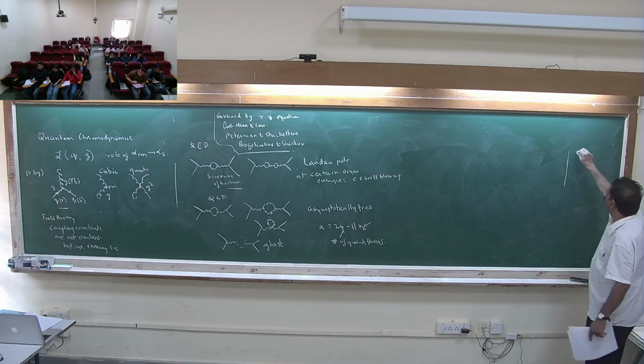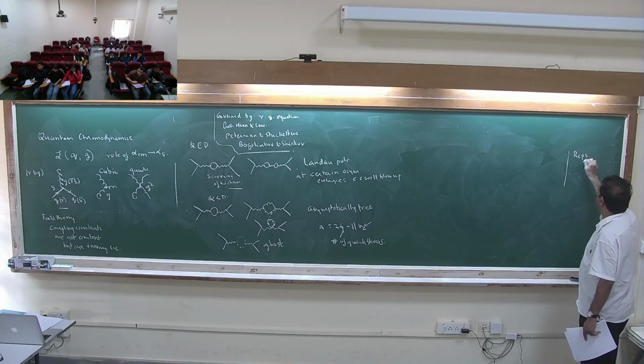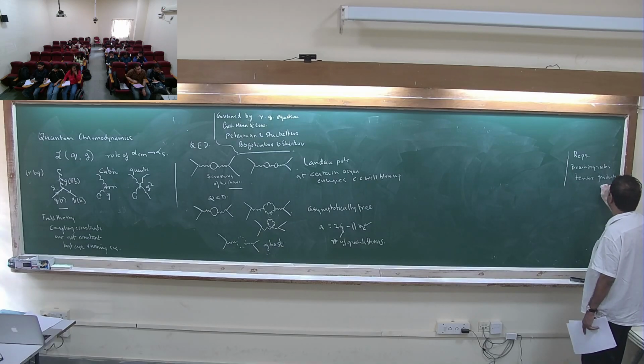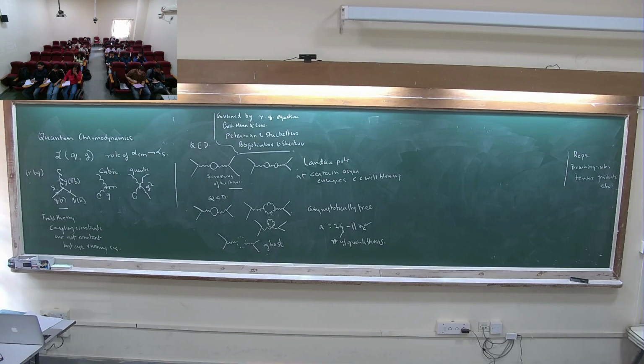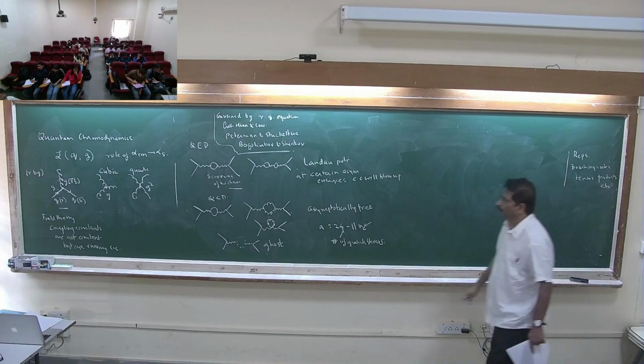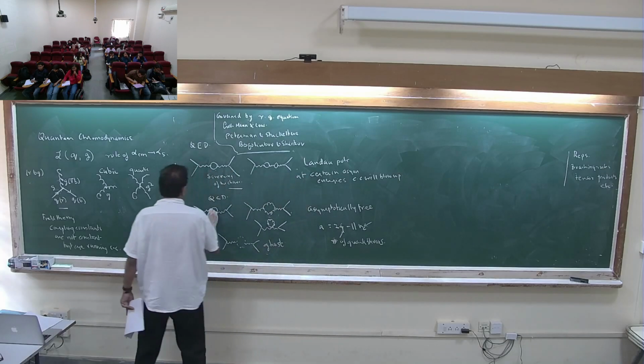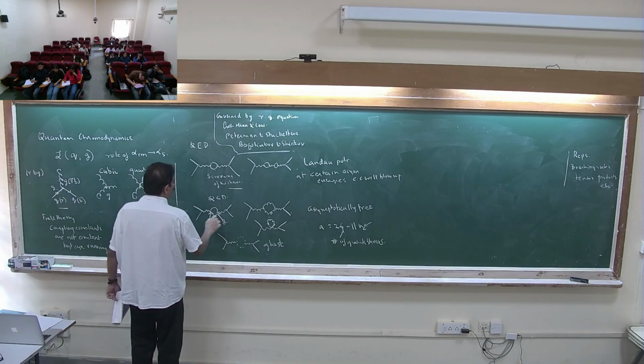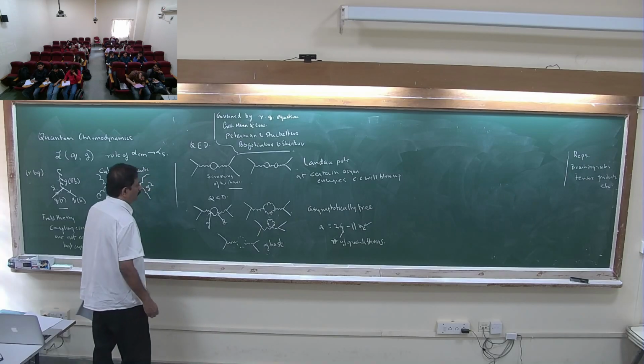We talked about representations, branching rules, all these things, tensor products, etc. What you do over here is the gauge constant G comes over here, and G comes over here, and then you get the square of G over here.